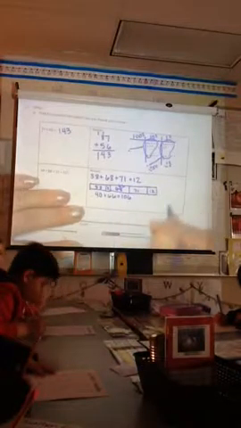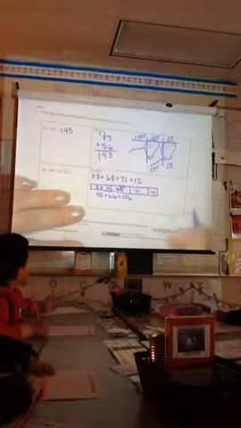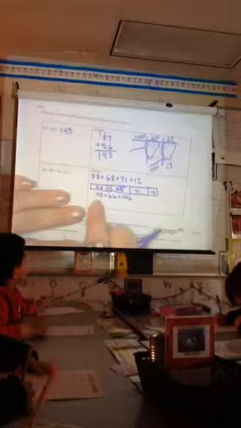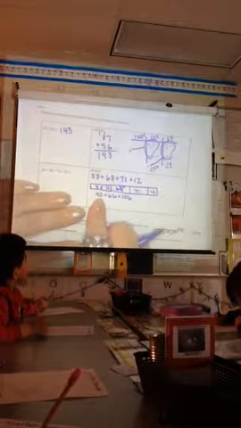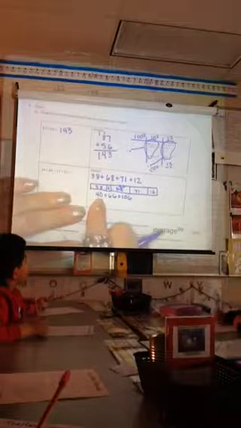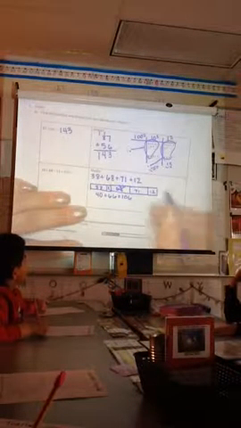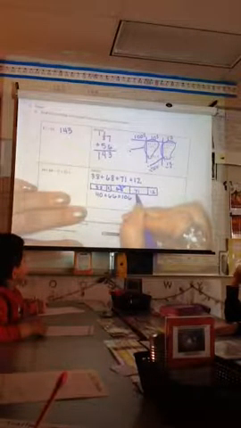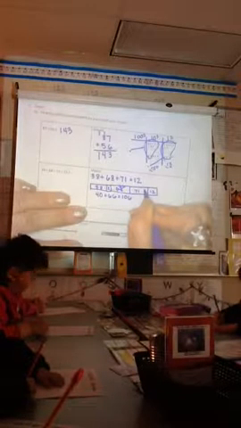Now let's look at the next two add-ins. 71 plus 12. The reason I changed that 38 to a 40 is because it's so much easier to add with a 0 in the ones place. So I'm going to do that same thing with the next two add-ins, and I'm going to take a 1 away from 71, and I'm going to give it to the 12.